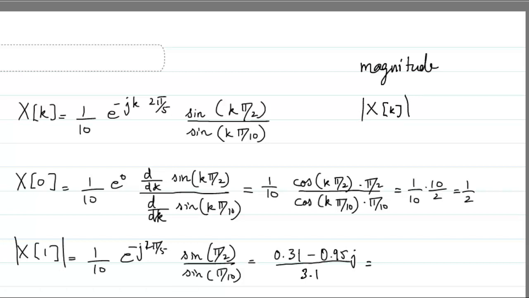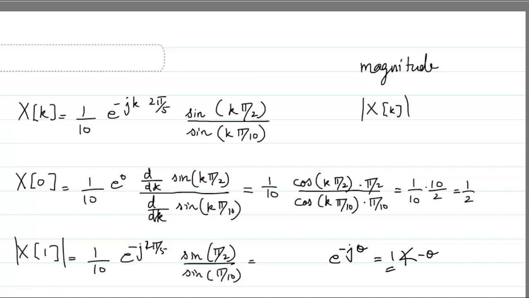So when you want to find out the magnitude of x of 1, there is no need for using the calculator, because the magnitude of this one is how much? 1. Didn't I tell you that e raised to power minus j theta, when written in polar form, is written as 1 angle minus theta. So what is the magnitude here? The magnitude is always 1.